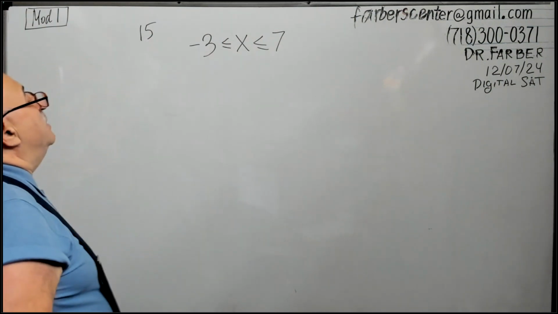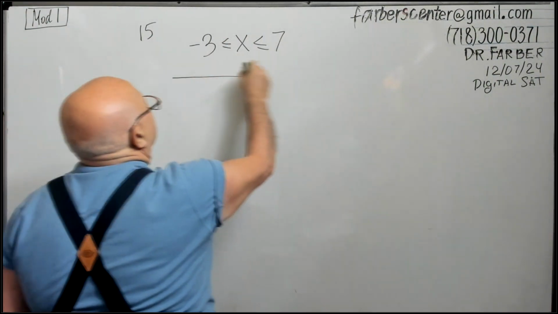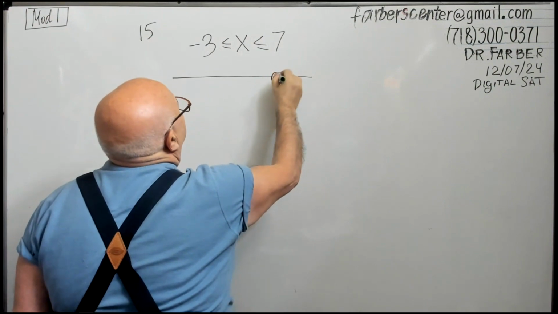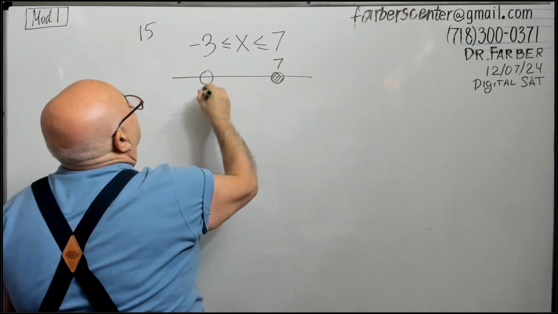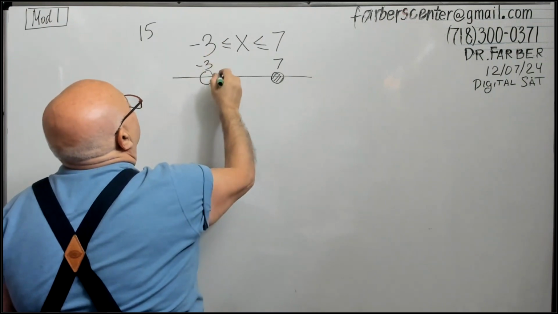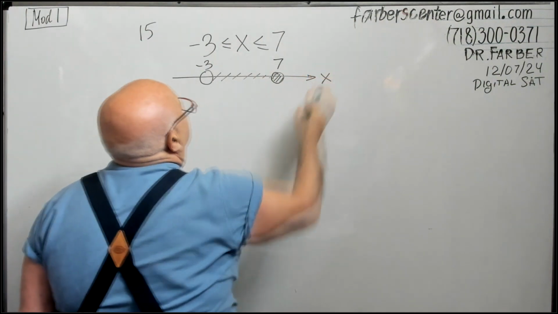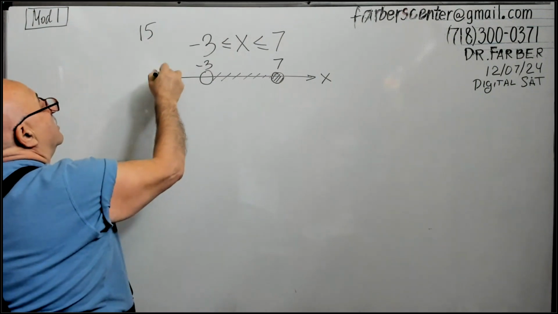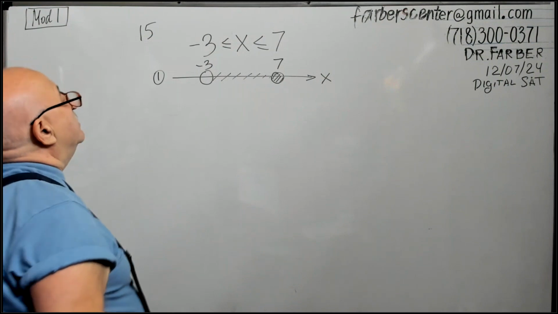So we use the midpoint algorithm. What is it? Step number 1. Just for illustration, right here 7, and this is negative 3. And this is the solution set for x. Step number 1: when you have this question, zero thinking, zero creativity.